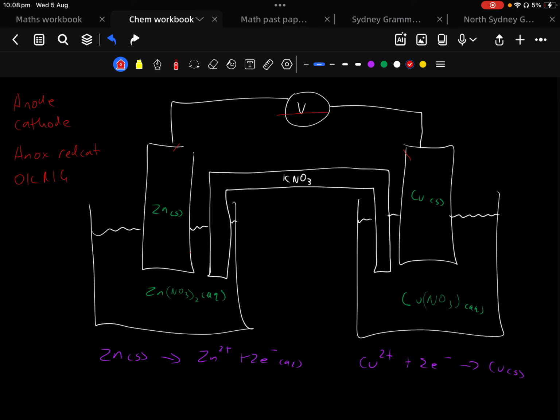For example, if we look at our formula sheet, the standard potentials show zinc being on top of copper, meaning zinc is more reactive than copper. And we know that the more reactive metal wants to be in a solution. And because zinc is more reactive than copper, we know that zinc wants to be in its solution.